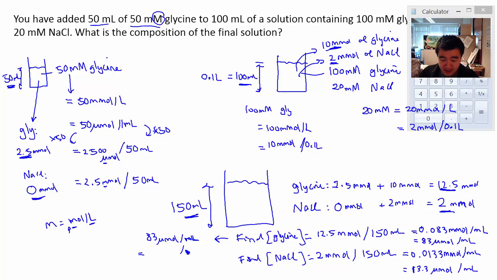This is the same as saying that in 1,000 mils of this solution there are 83,000 micromoles. 83,000 micromoles is the same as 83 millimoles, and 1,000 milliliters is 1 liter. So this is the equivalent to saying 83 millimolar. And so the final concentration of glycine is 83 millimolar, and the final concentration of NaCl will be about 13.3 millimolar as well.